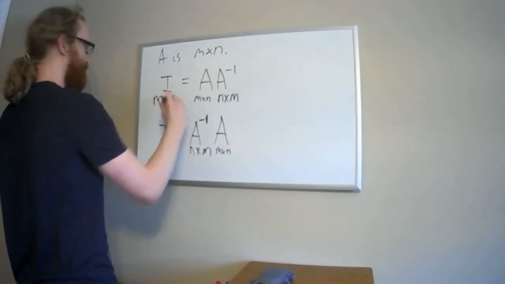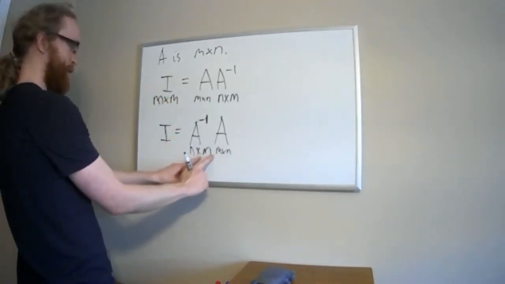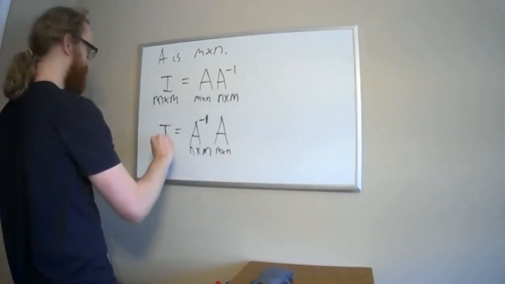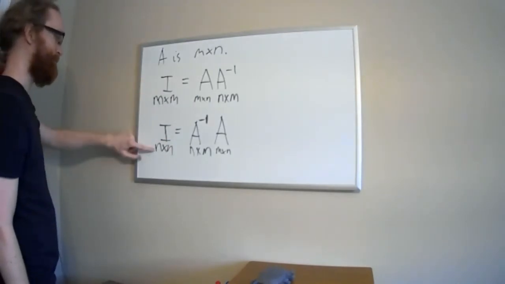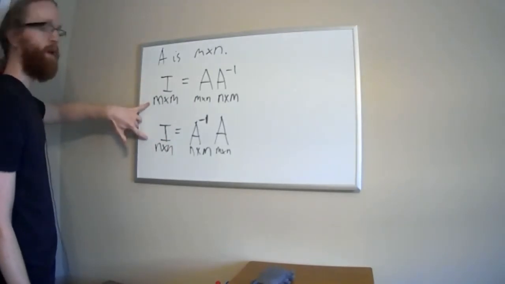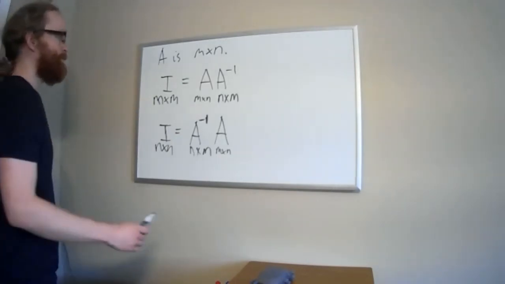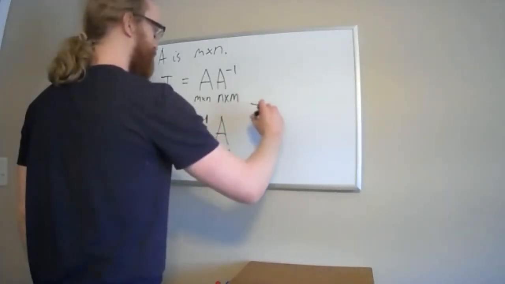Oh, but if I come down here and do the same analysis, now I'm taking the outside guys. Oh, that's n. So this is actually an n by n. So I is at the same time an m by m and an n by n. So the only way this makes any sense is if m equals n. m has to equal n.